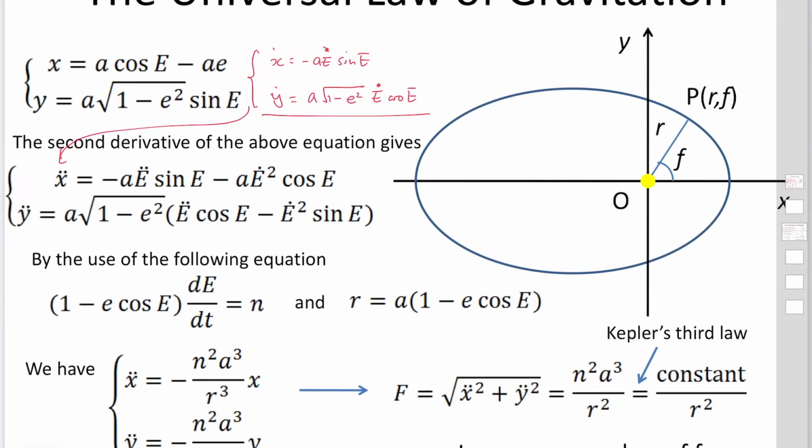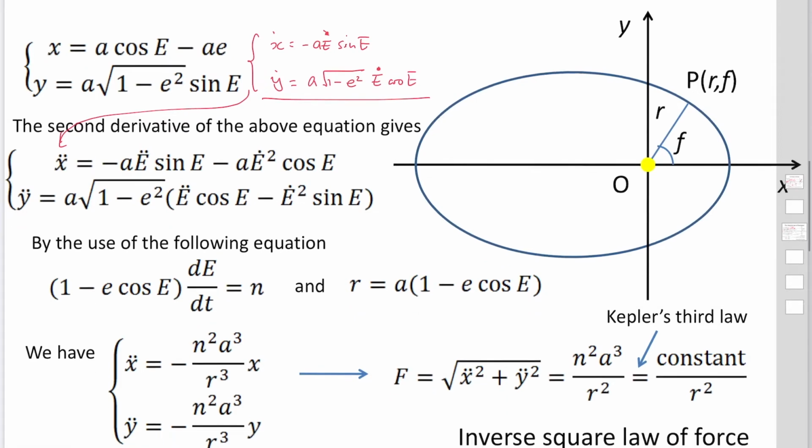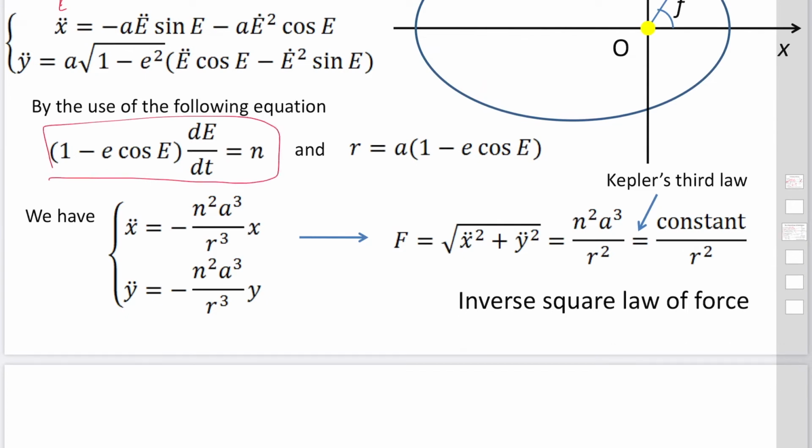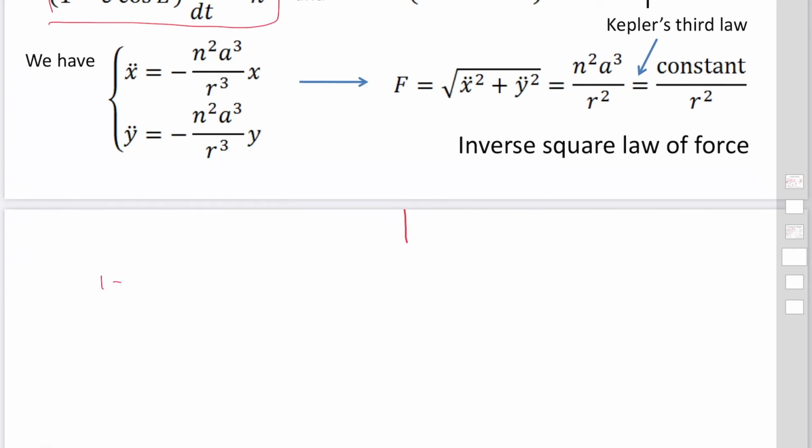So we keep finding the derivatives. Then from Kepler's equation, 1 minus e cos E times E dot equals n. Taking the derivative, it becomes E double dot plus E dot squared sin E minus e cos E E double dot equals 0.